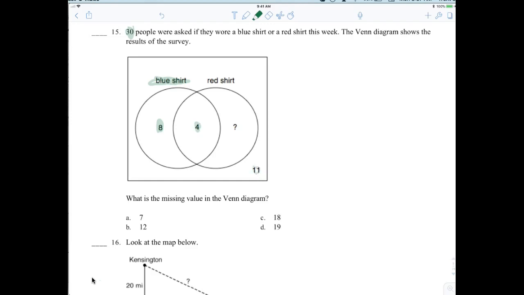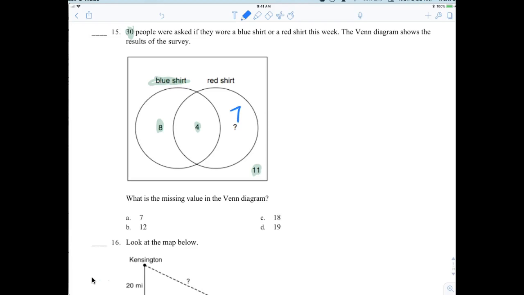And then there were 11 that did not wear a blue or a red. So how many people do we have accounted for so far? 23, I think. So then how many people wore just red? 7. Do you understand that? That's something kind of intuitive I think you should be able to get.